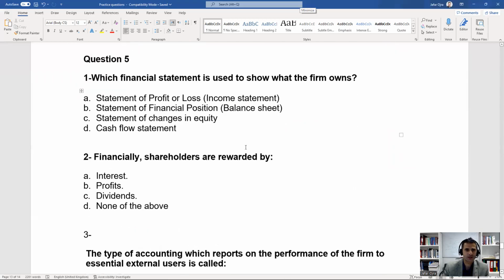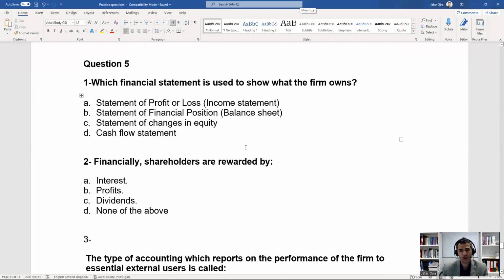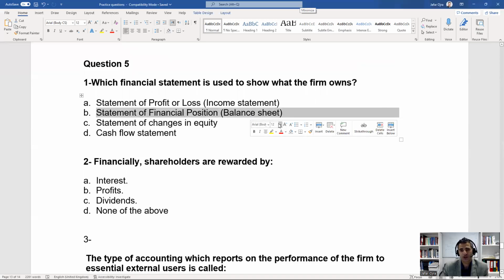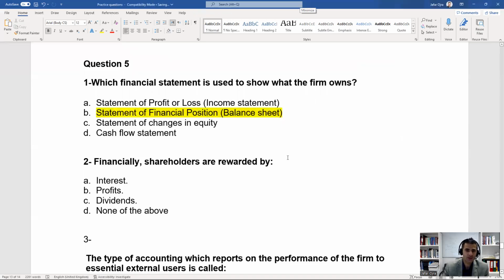Now let's move to question number 5, which has a few multiple choice questions. The first question is: which financial statement is used to show what the firm owns? Of course, it's the statement of financial position, the balance sheet, which shows what the business owns.